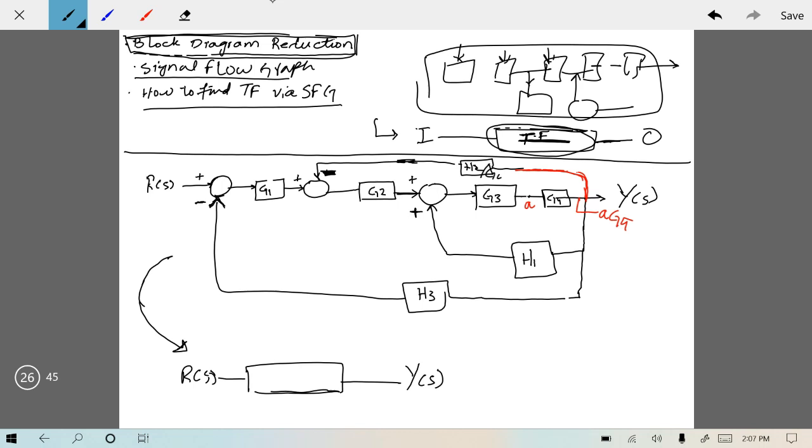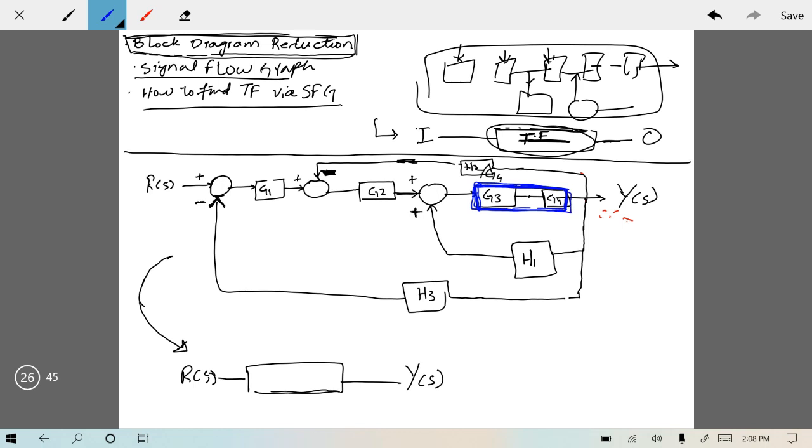Let me join it over here. And these two blocks will be combined. It will become a single block, which would be G3 G4. This single block would have transfer function G3 G4.